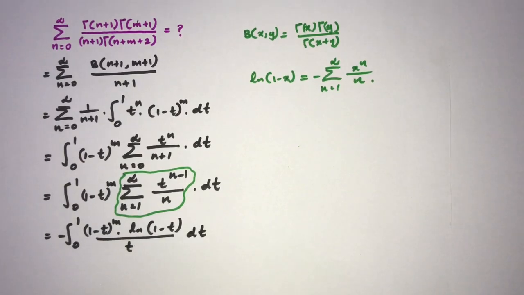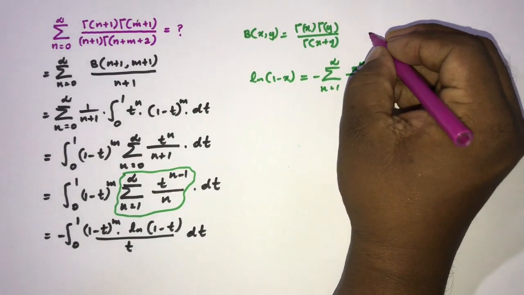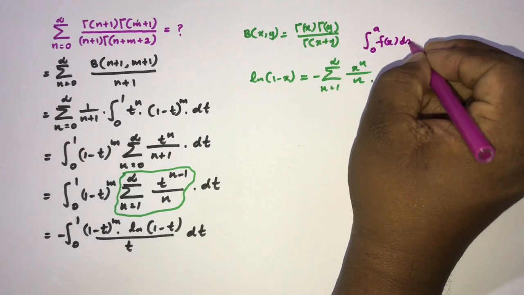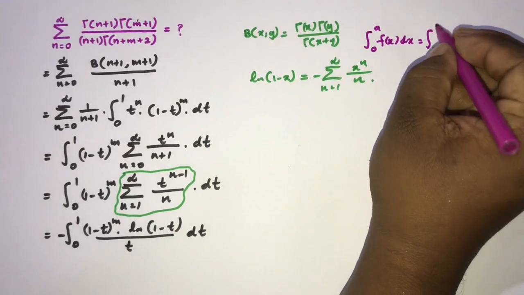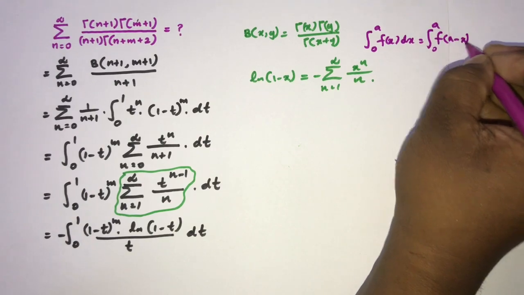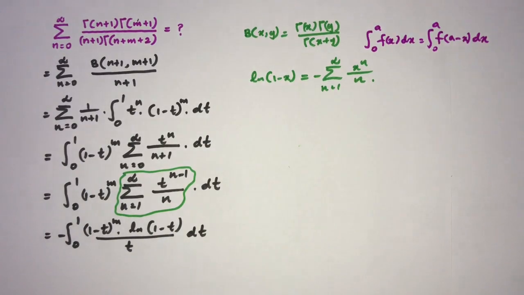Okay, now we have another interesting integral. So what's the next step? Now we know this property of integration: the integral from 0 to a of f of x dx is equal to the integral from 0 to a of f of a minus x dx. We know this is King's rule.